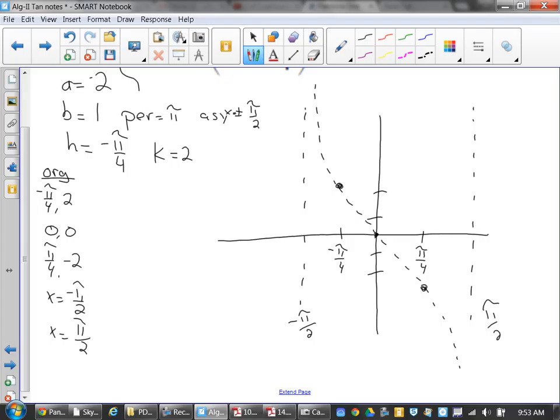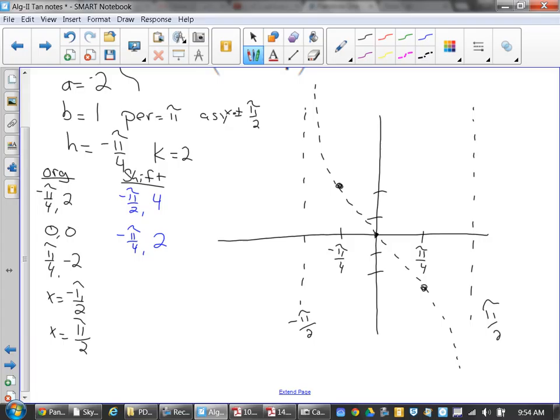Very good. So your shift, I'll put in a different color here. Negative a fourth minus a fourth is a half, so it's negative pi over 2. 2 plus 2 is 4. 0 minus pi over 4 is negative pi over 4. 0 plus 2 is 2.